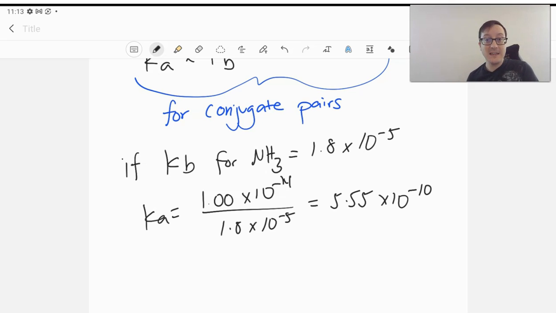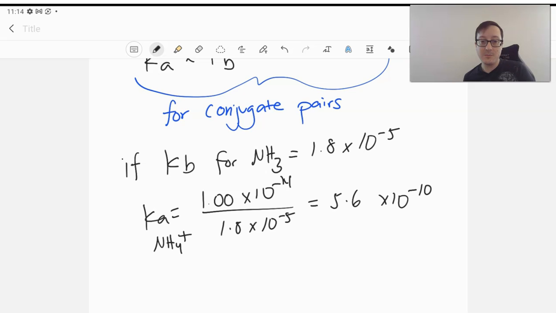So what does this mean? What does this mean for us? So Ka for ammonium is 5.56 times 10 to the negative 10. Kb for ammonia is 1.8 times 10 to the negative 5.